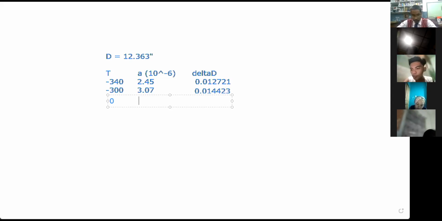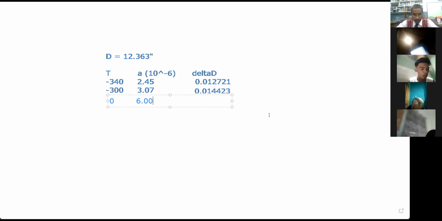So I will use 0 degree Fahrenheit. 0 degree Fahrenheit has what? 6.0 coefficient of thermal expansion. Is that correct? And then we will compute for what?